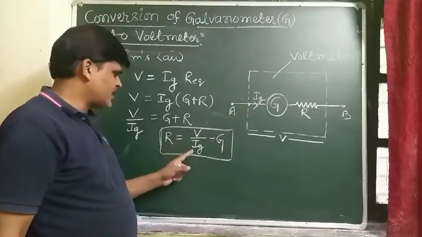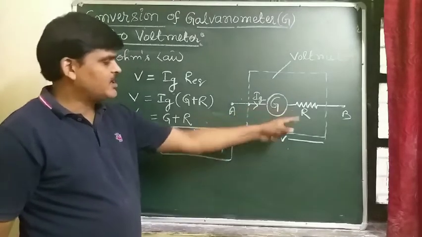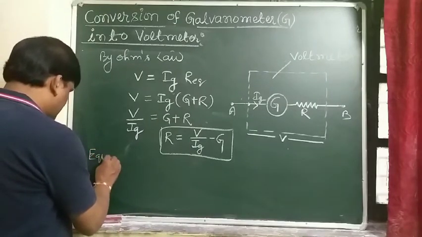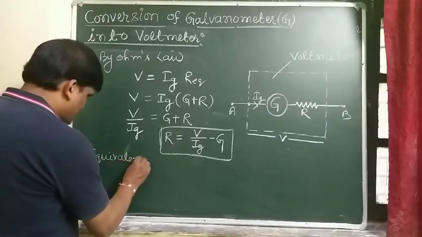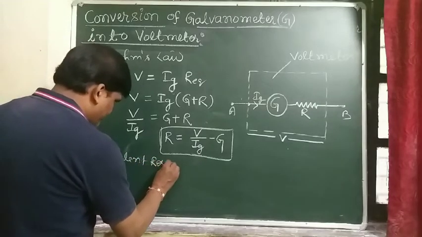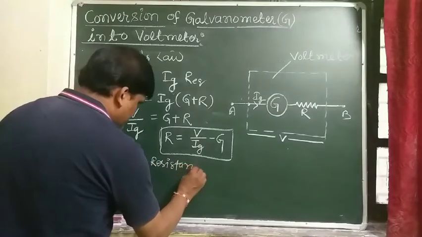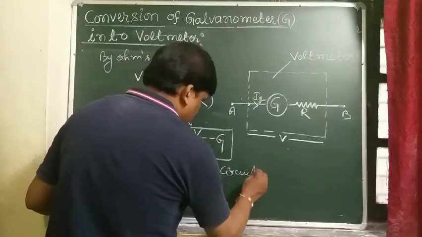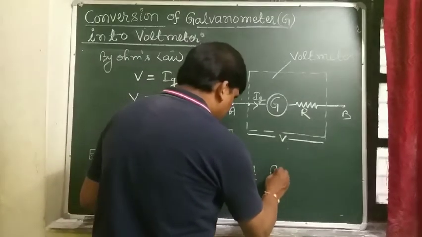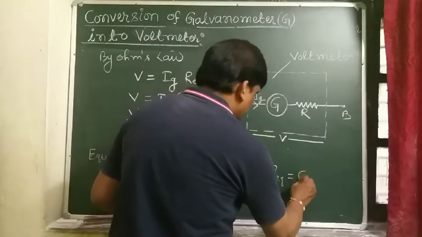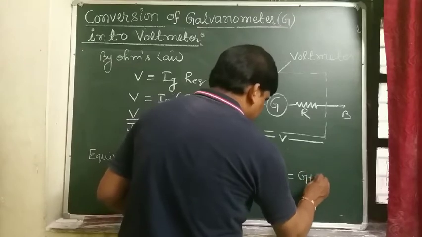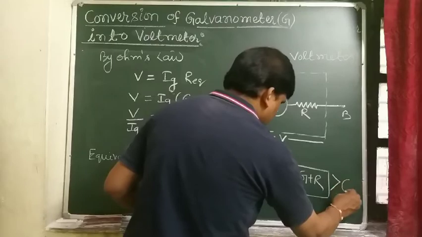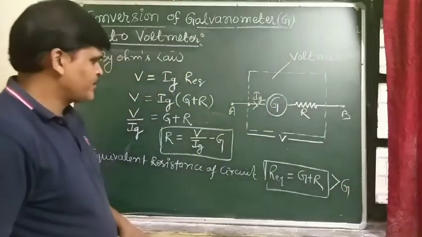R equals V by Ig minus G, and the equivalent resistance of the circuit. Connected in series, R equivalent is equal to G plus R, and students, this value is greater than that of the galvanometer.